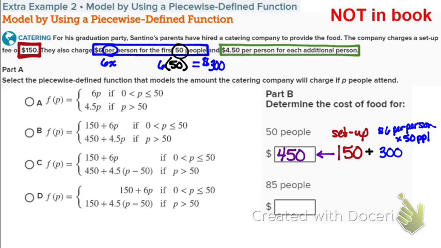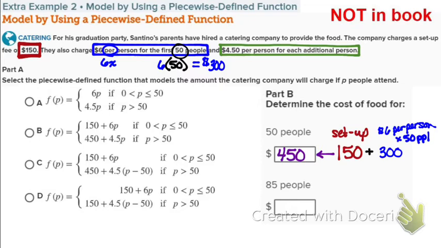You're right. Explain it so the rest of us can understand why we're doing 35 times 4.50. Because the first 50, you got to times that by 6. Yes. The first 50 people are going to cost us $300 plus the setup fee. We pay $4.50 per person for each person over 50. So person 51 through 85.